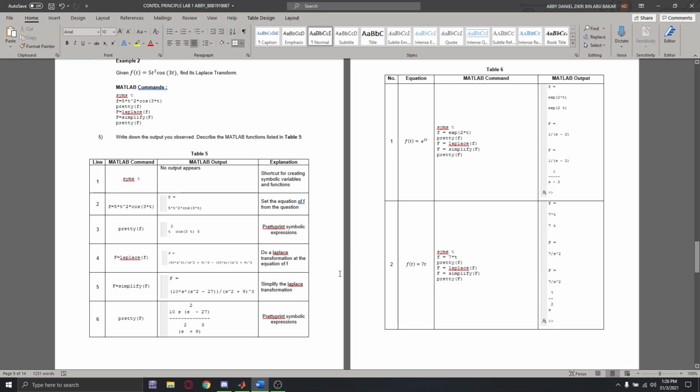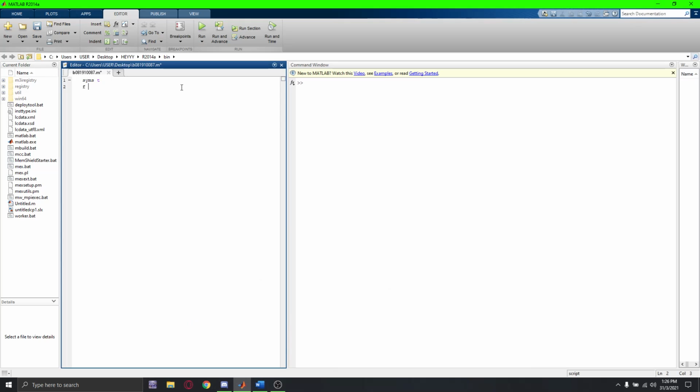So the next step is to copy the question and put it on the MATLAB. For this question, the equation is f(t) equals to 7t. So we just type f equals to 7 times t. Okay, next we will use pretty f.